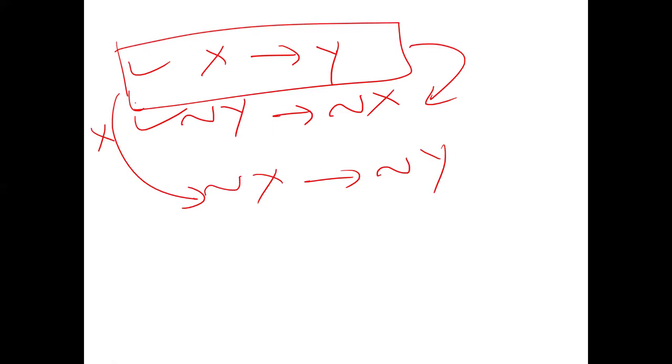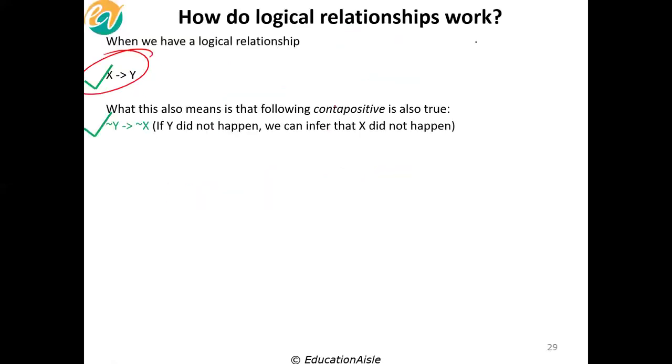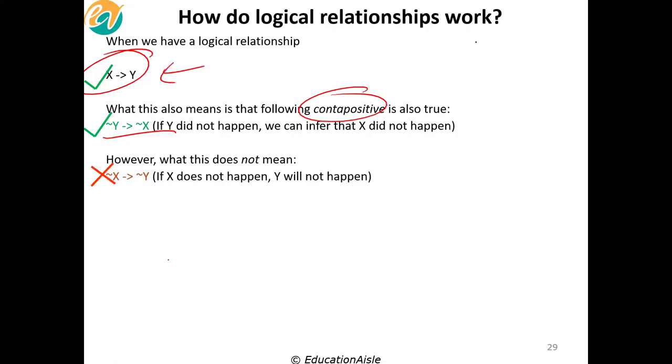Given a relationship, its contrapositive will always be true. But from this relationship, you cannot conclude if not X, then not Y.